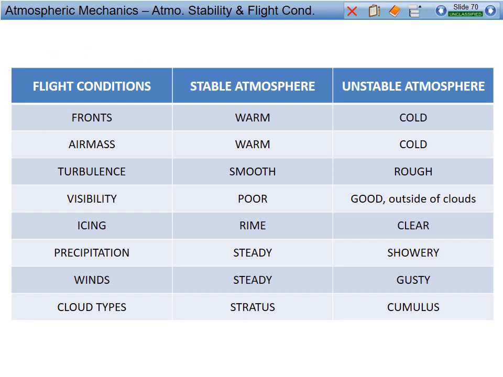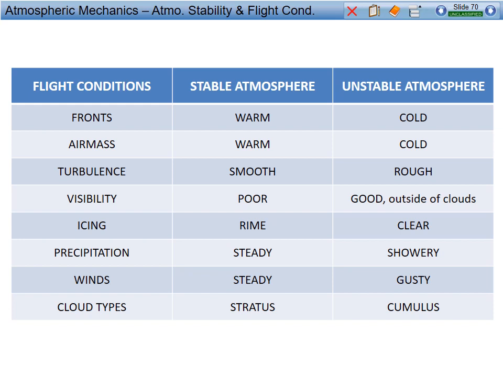This chart shows the relationship between flight conditions and both stable and unstable atmospheres. All you need to do is look at the flight condition and read across for the associated condition with either a stable or unstable atmosphere.